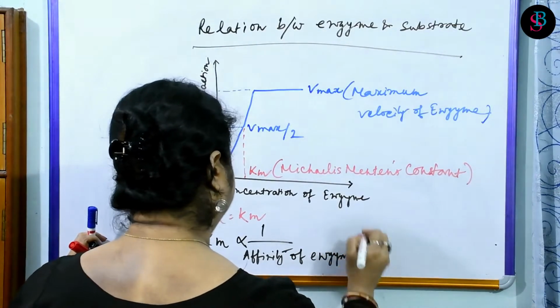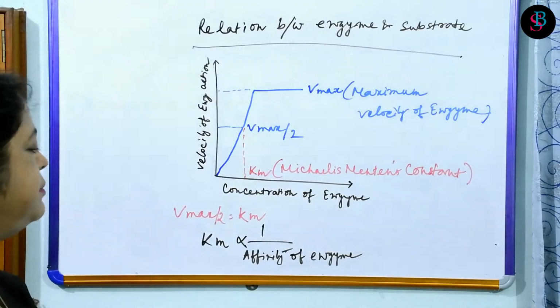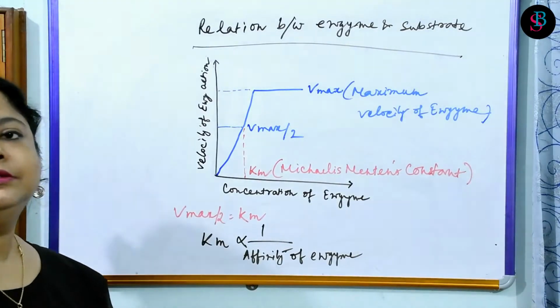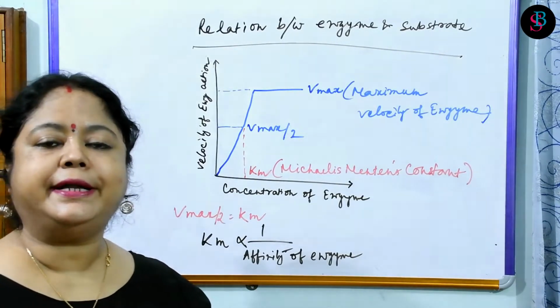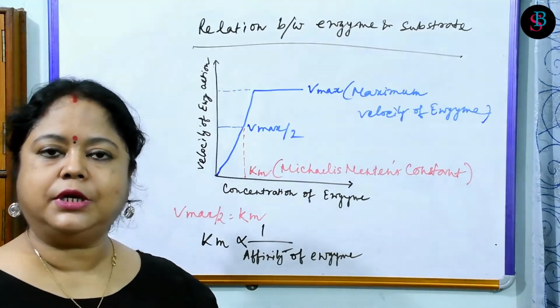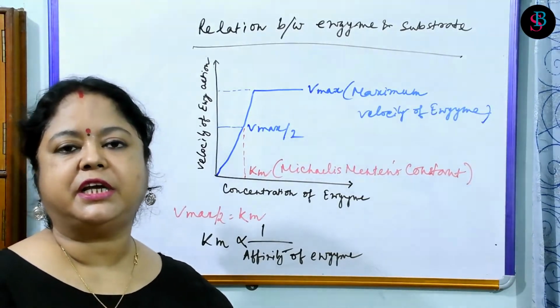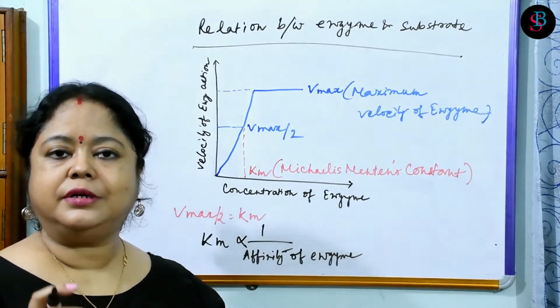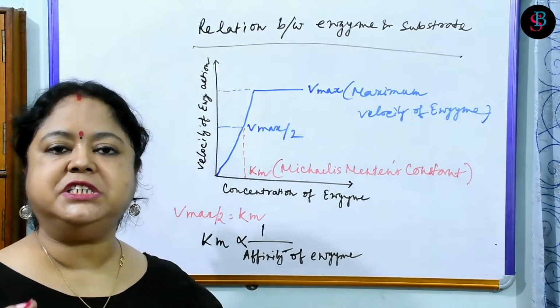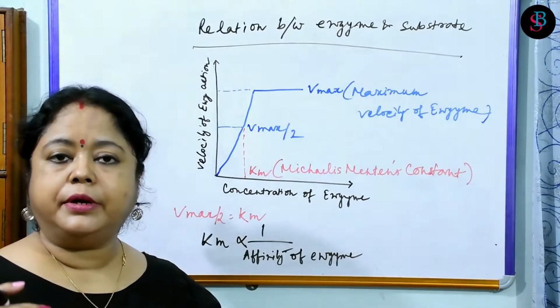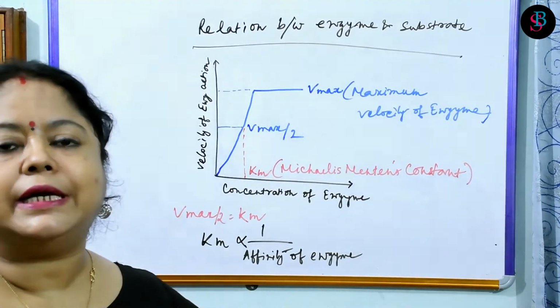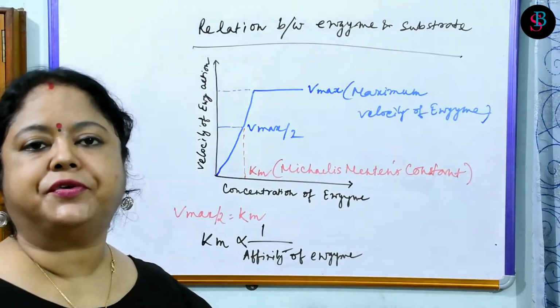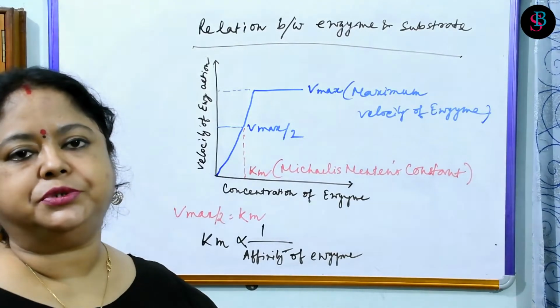So if the value of Km is less, then the enzyme will take more substrate. And if the value of Km is more, then the enzyme will not take more substrate, as it indicates that saturation is very near. It's just near the saturation point.